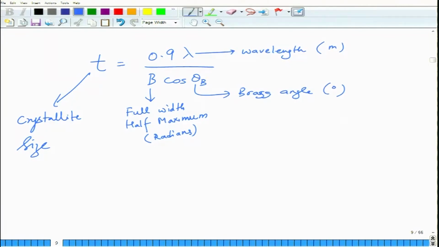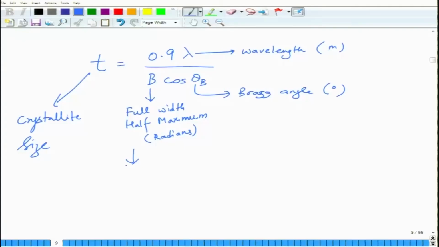However, every instrument also has instrumental broadening. So even if you have a single crystal, it will have some broadening, okay, which is because of the instrument. So the real B will be B observed minus B instrument. So one must always do an experiment with a coarse grained sample, which is the reference sample, which is used to measure the instrumental broadening.